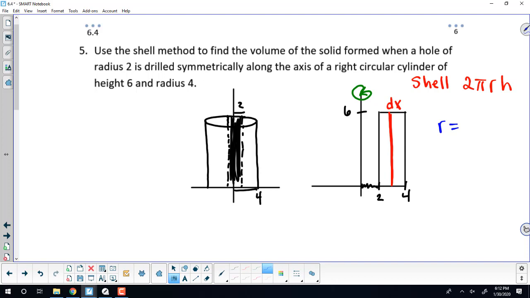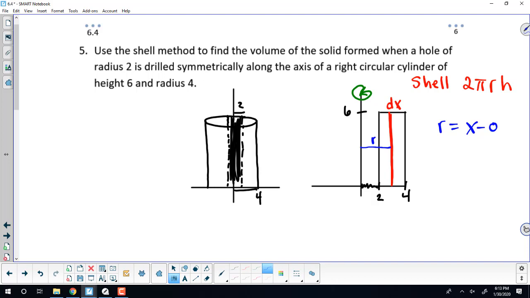It'd just be x. Remember, the radius in the shell situation is always the distance from your cross section to the axis of revolution. More generally, our radius is running in this direction. It's the right minus the left. This is some x value, and this is 0. So radius is x minus 0, right minus left.